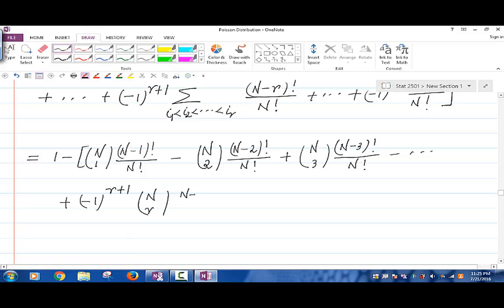Each one is (N-r)!/N!, plus ..., and the last one is just 1 over N!. There is only one summand there.